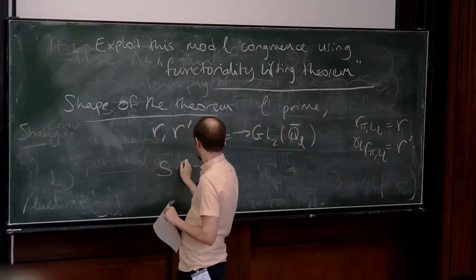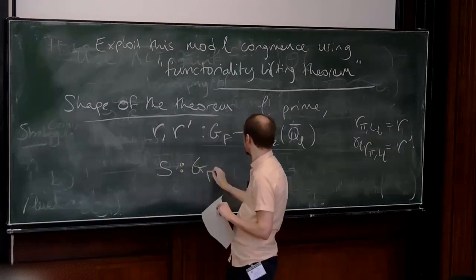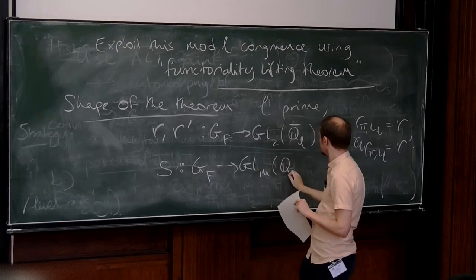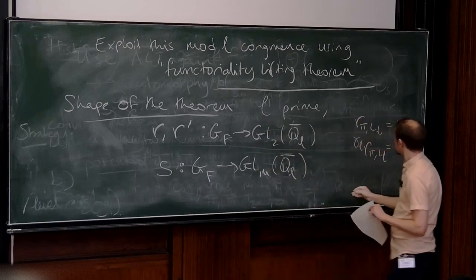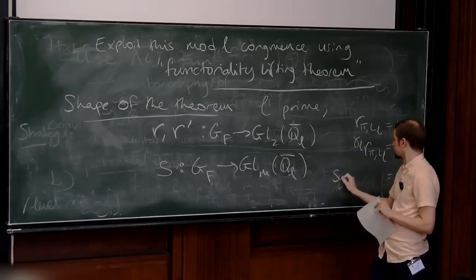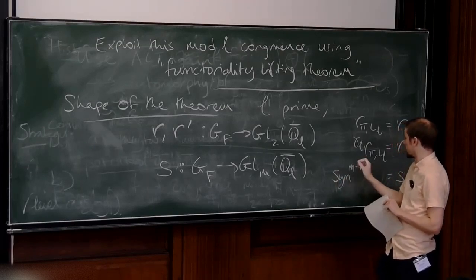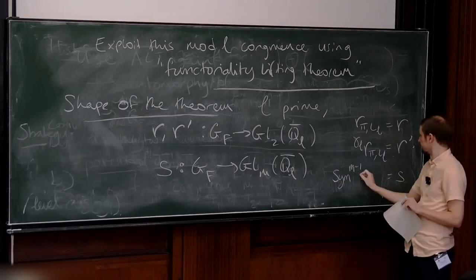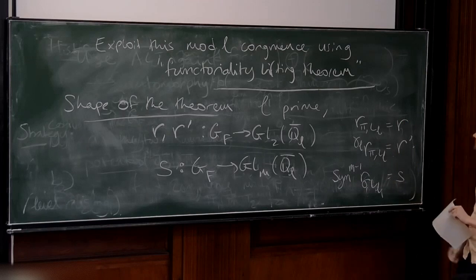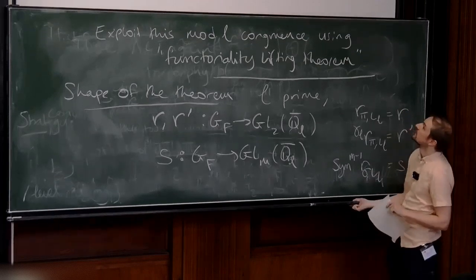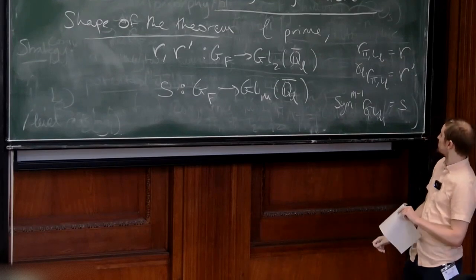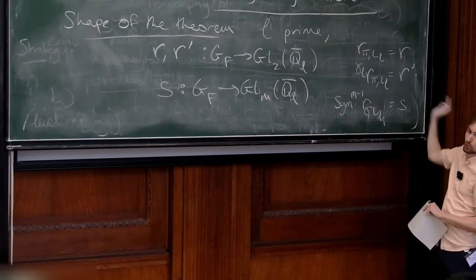And then there'll be an m-dimensional representation, okay. And that one will be the m minus first symmetric power, which we're tensoring with. I'm going to have these three Gauss representations. I'll assume that all of them are automorphic.